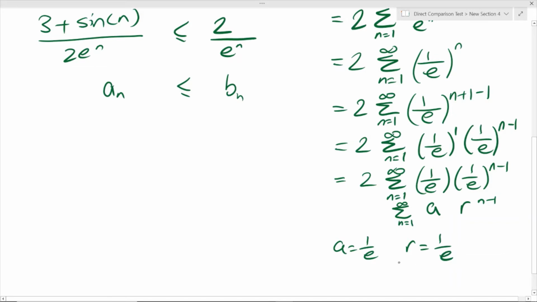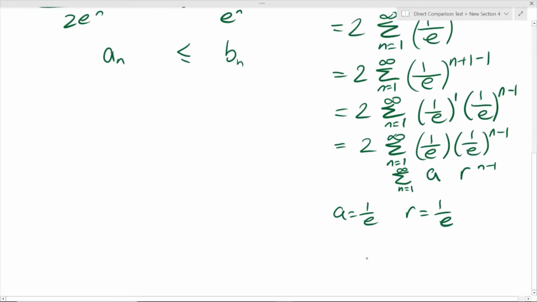And here in this case, we know the absolute value of r has to be less than 1 in order for the geometric series to converge. And here in this case, e is like 2.7 something something, right? So 1 over e is less than 1.